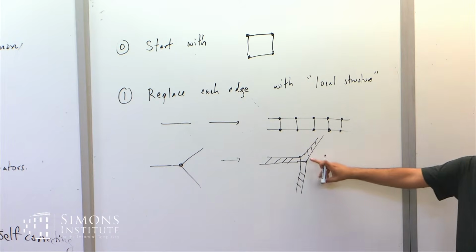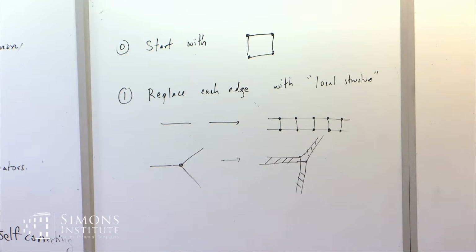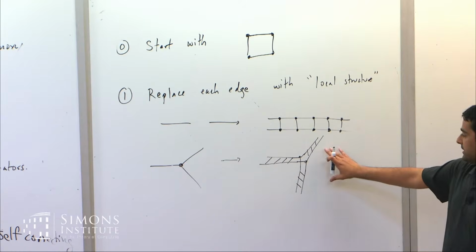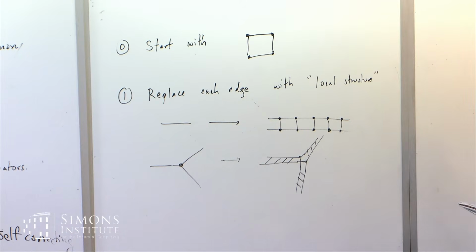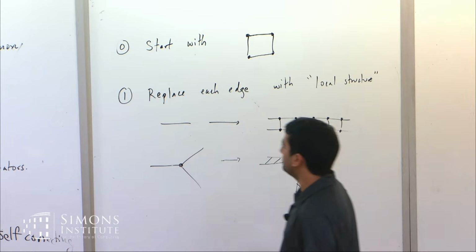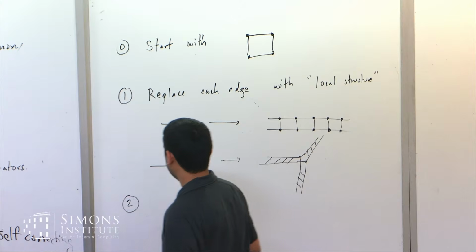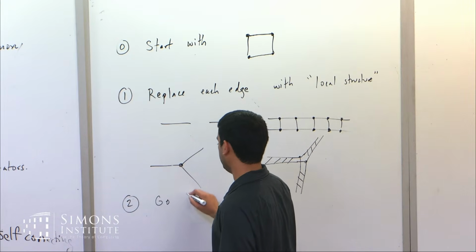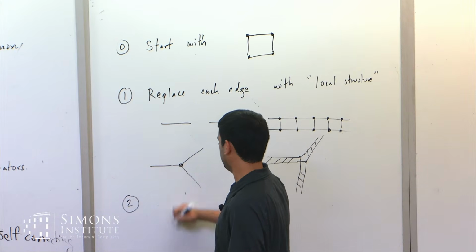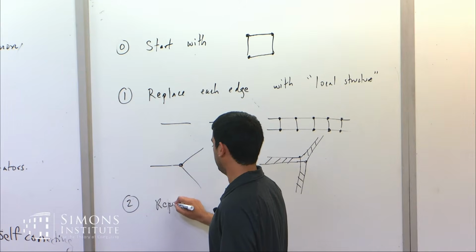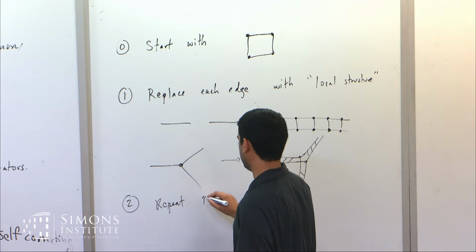So kind of do this in a sort of transversal way, so to speak. So this is how I do this. And the second step is to repeat step 1 many times.